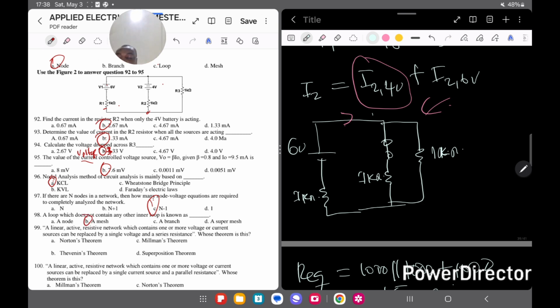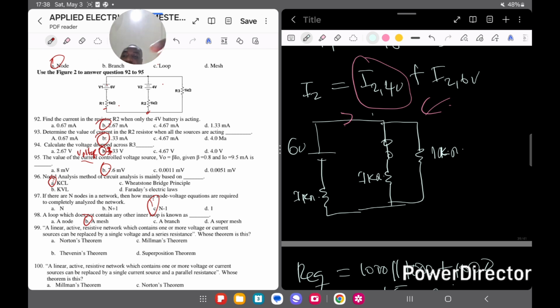Question 99. A linear active resistive network which contains one or more voltage or current sources can be replaced by a single voltage source and a series resistance. Whose theorem is this? This is talking about Thevenin's theorem, right?